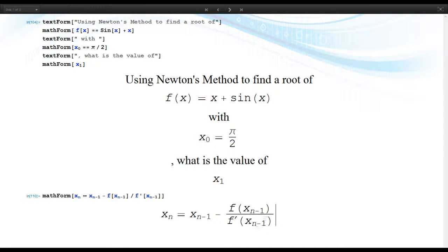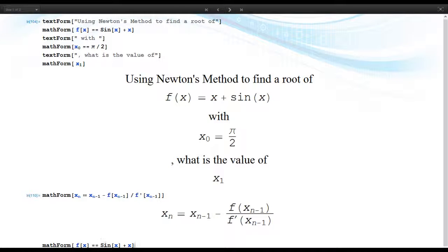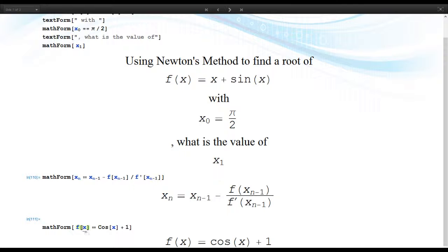Okay, so with that information, we have to just find the derivative of this function. So that's not so bad. The derivative of sine is cosine, and the derivative of x is 1. So here's our derivative.